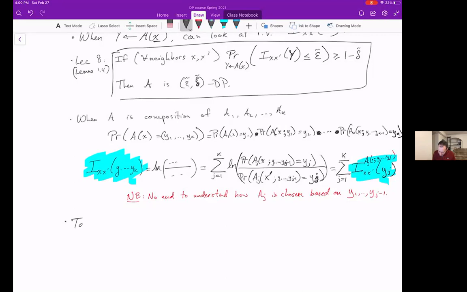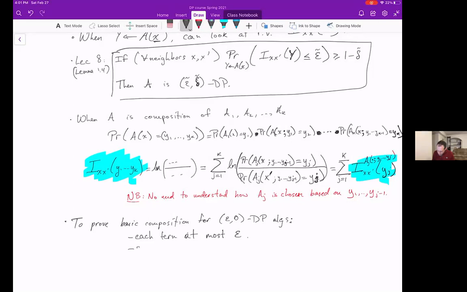So to prove basic composition, let's say for epsilon 0 DP algorithms, what we know is that each term in the sum is at most epsilon.